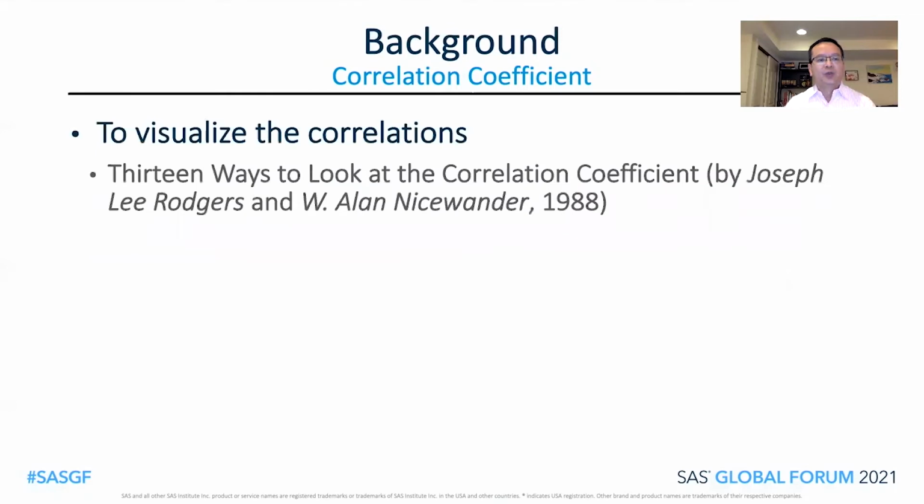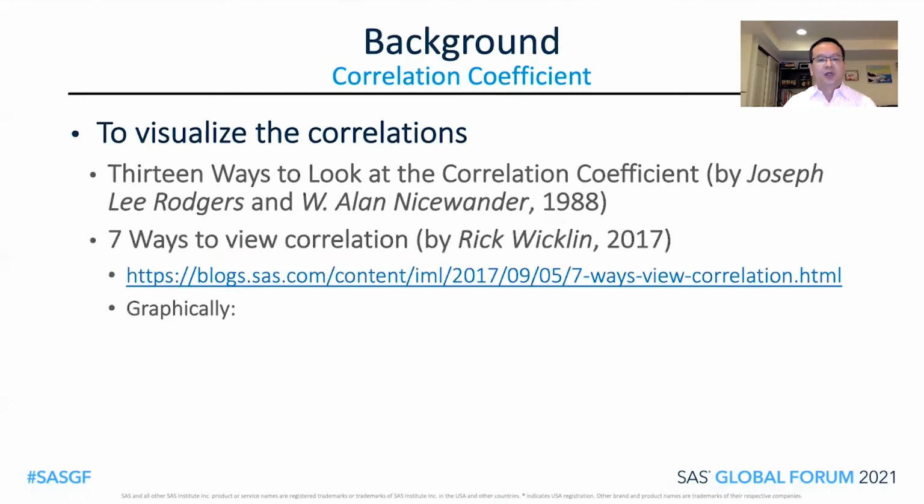And you can also visualize the correlation between two numeric variables. Many years ago, a paper was published talking about at least 13 ways to look at the correlation coefficient. And Rick Wicklin from SAS wrote a nice blog some years ago talking about 7 ways to view a correlation coefficient.